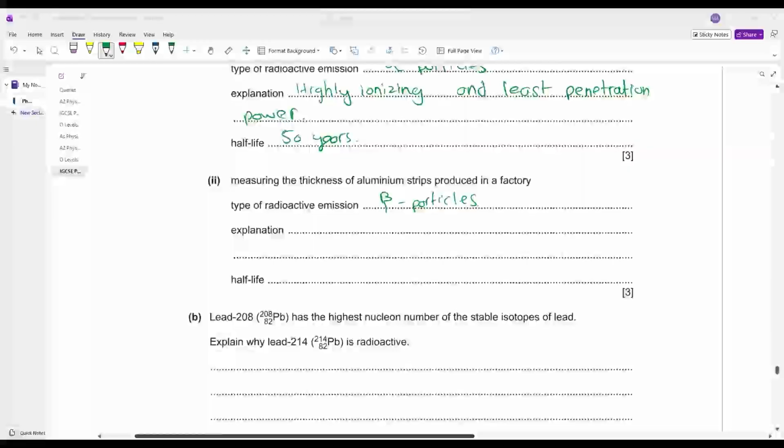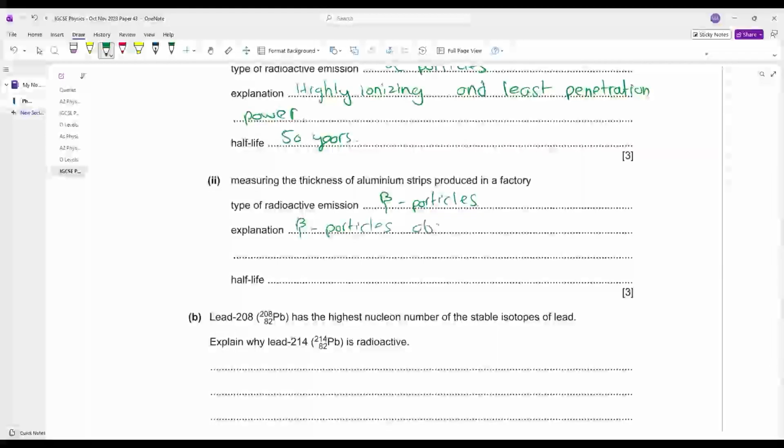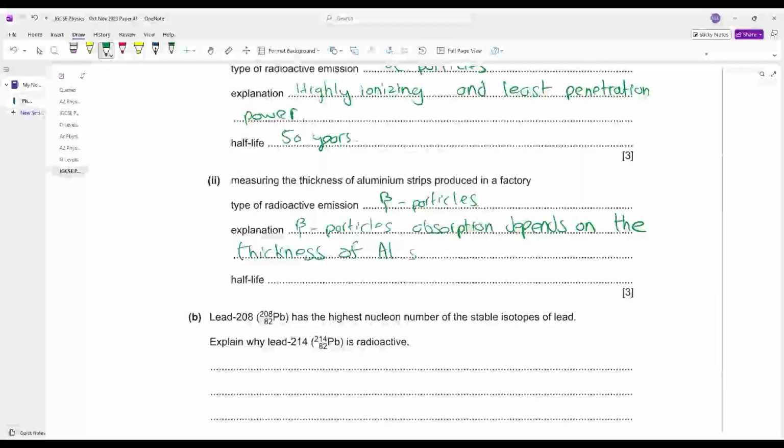If the aluminum sheet is thin, many more beta particles will pass through. Half-life, let's say 3 years.